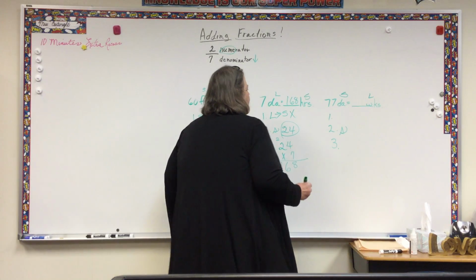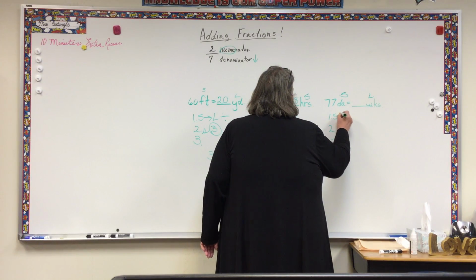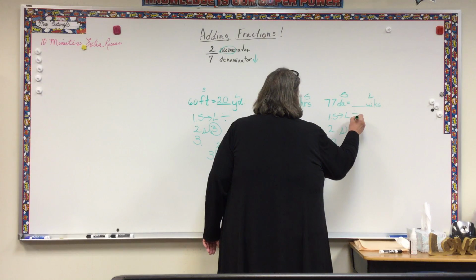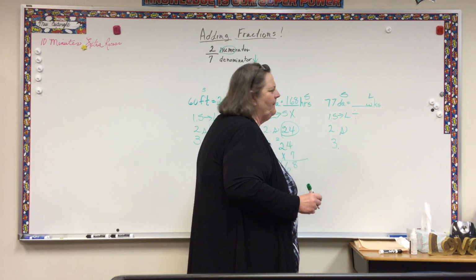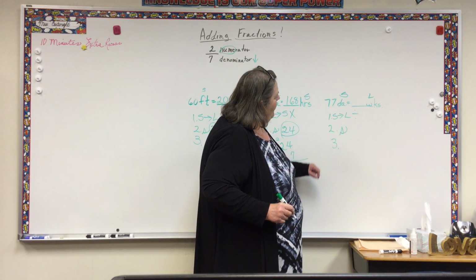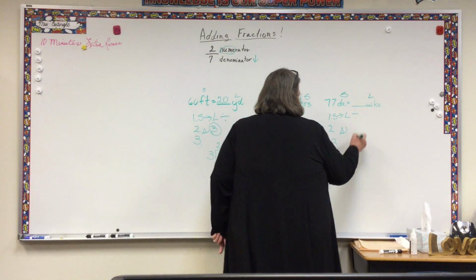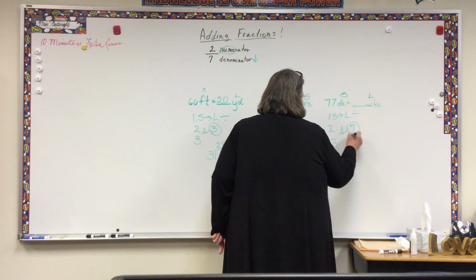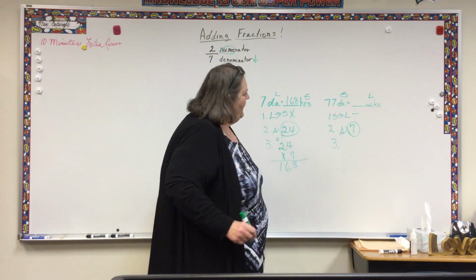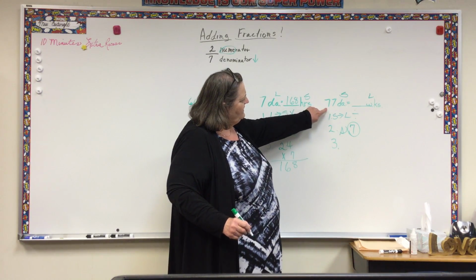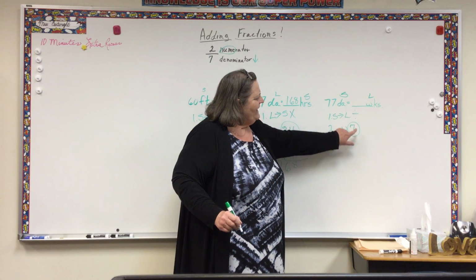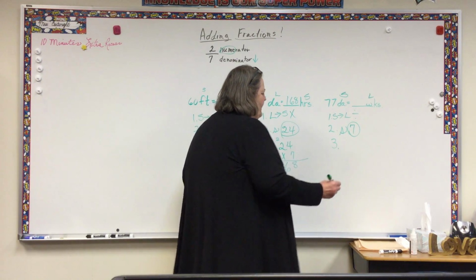So we put smaller to larger, divide. Make sure you do that so you won't mess up. And then I say, how many days are in a week? 7. That's our special number. So here I have everything here. 77 divided by 7 will give us our answer.